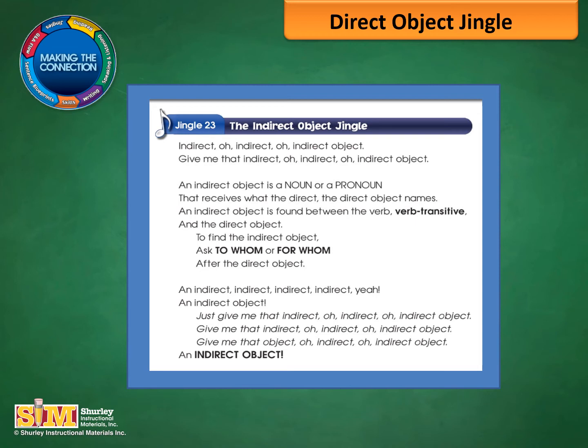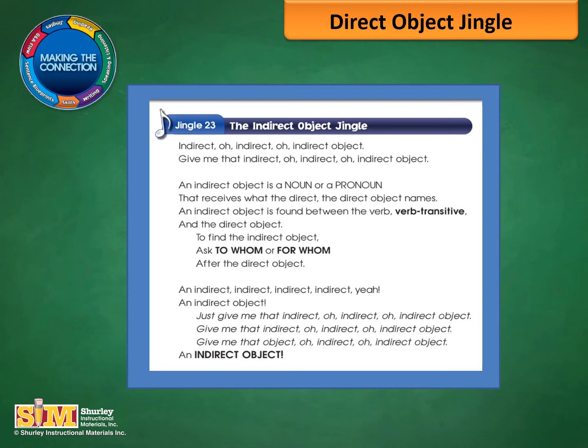Indirecto, indirecto, indirect object. Give me that indirecto, indirecto, indirect object. An indirect object is a noun or a pronoun that receives what the direct object names. An indirect object is found between the verb transitive and the direct object.